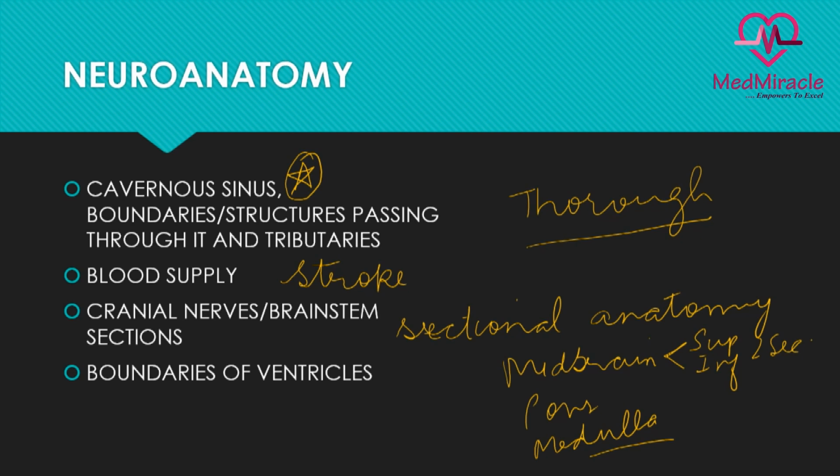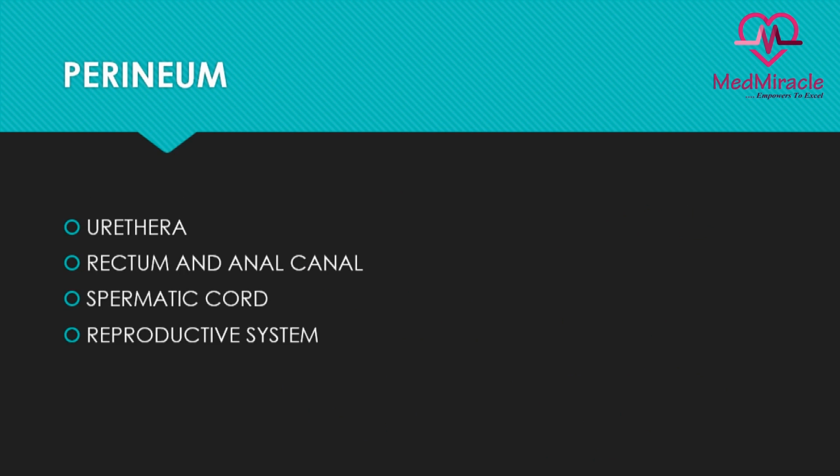Also, the boundaries of the different ventricles, specifically the fourth ventricle, is very important. But also know the various foramens that connect the different ventricles. Then we go to another topic, which you will realize is a sudden shift from neuroanatomy. We'll go to the perineum, again a favorite of most examiners.